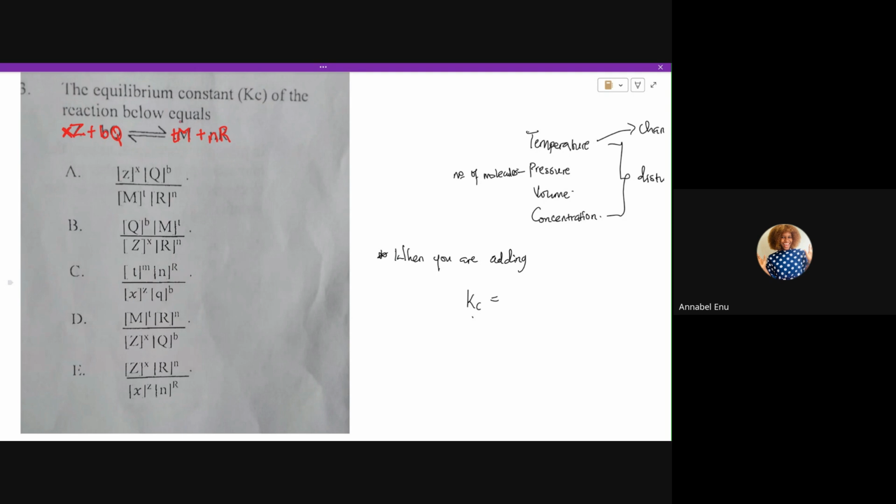This question is, I think, from 2023. To rewrite this, this is X then C plus B Q. The lowercase letters represent the coefficients, and the capital letters represent the chemicals themselves.